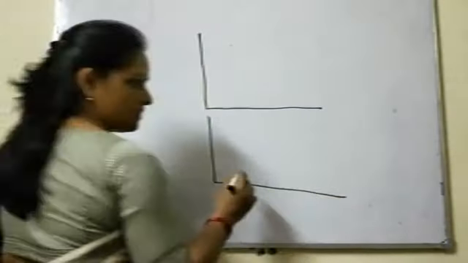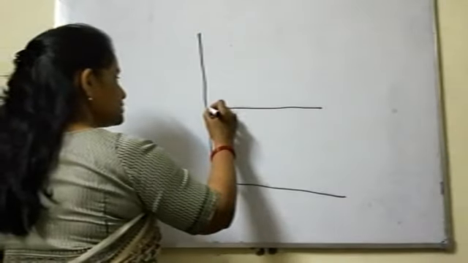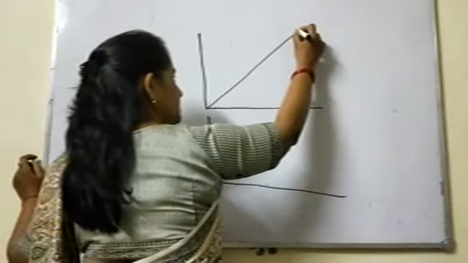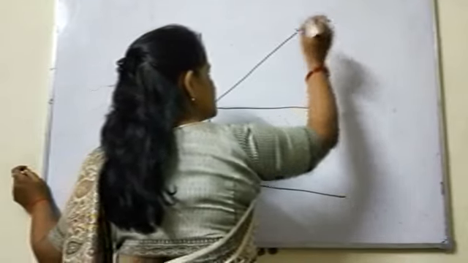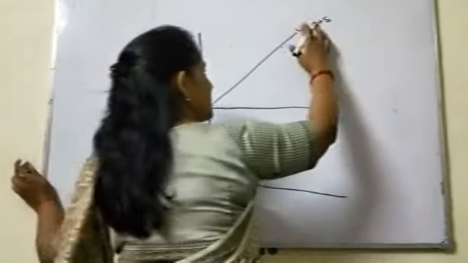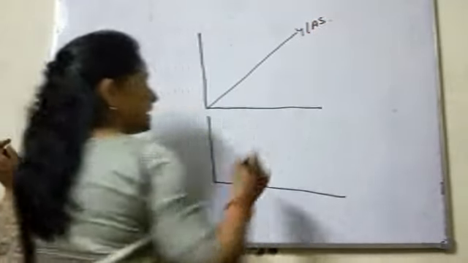Here we show the saving and here we show the consumption. First we'll draw the income line, that is Y equal to C plus S. I told you that the income line is nothing but the aggregate supply line.